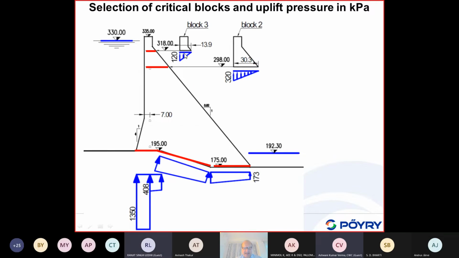What is the effect? In a dynamic stability analysis, we are interested in calculating the deformations, the sliding displacement of block 3 or block 2, or the global stability in the downstream region of the whole dam body, to be consistent with the stability analysis for static loads.